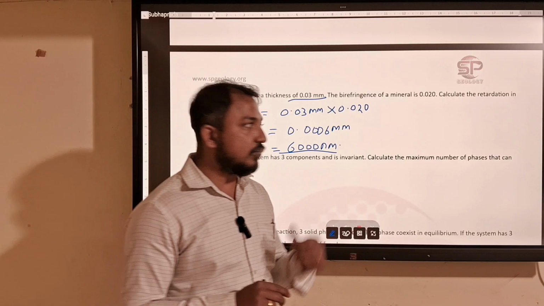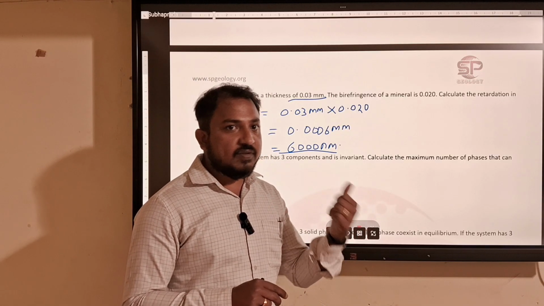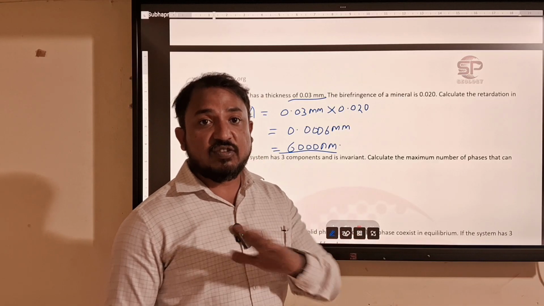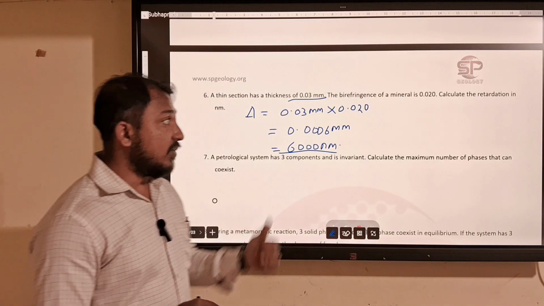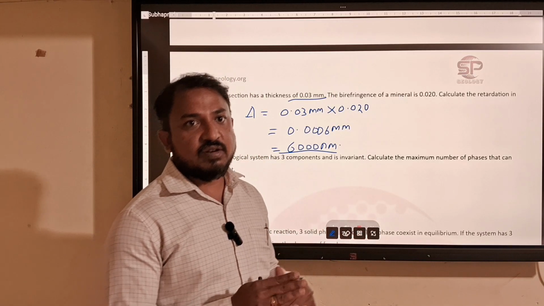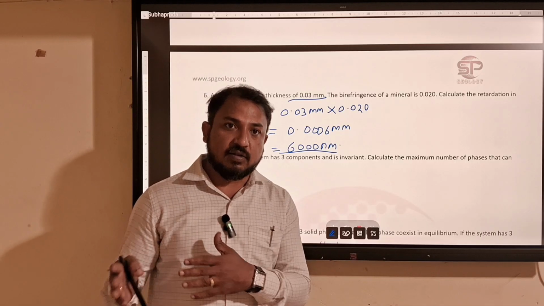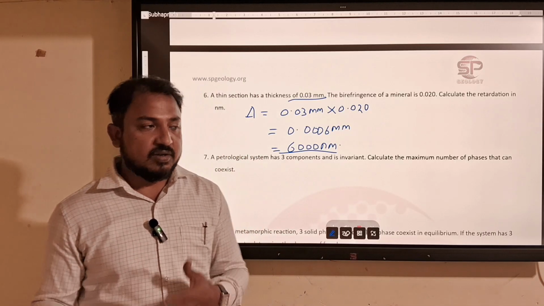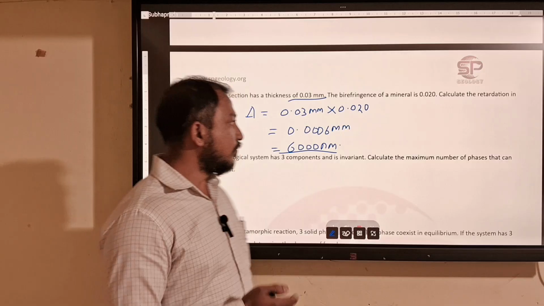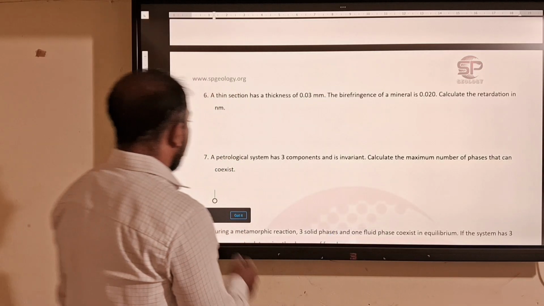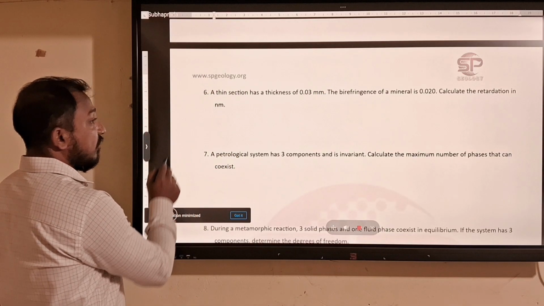So remember, the formula is retardation equals thickness into birefringence. Sometimes the thickness is given in one unit, and the retardation is asked in another unit. So keep that in mind, and be careful about the units.